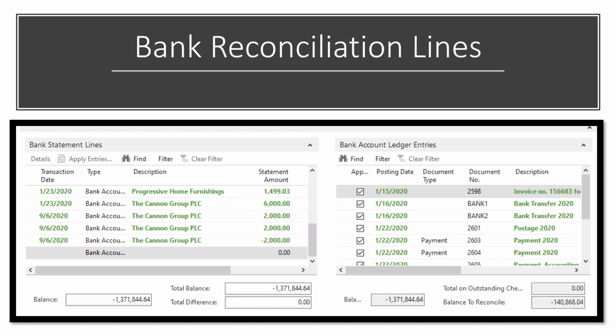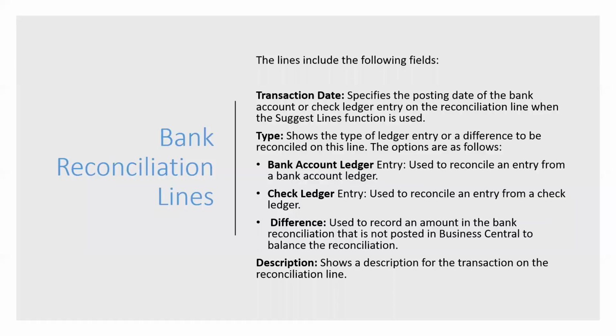The balance to reconcile, total outstanding checks sometimes. We're going to show you that. And the total difference field that we can see here in this window in the lowest part. This total difference is going to tell me if I have some issues with some transactions that I have not yet reconciled. Right, so what is behind this?